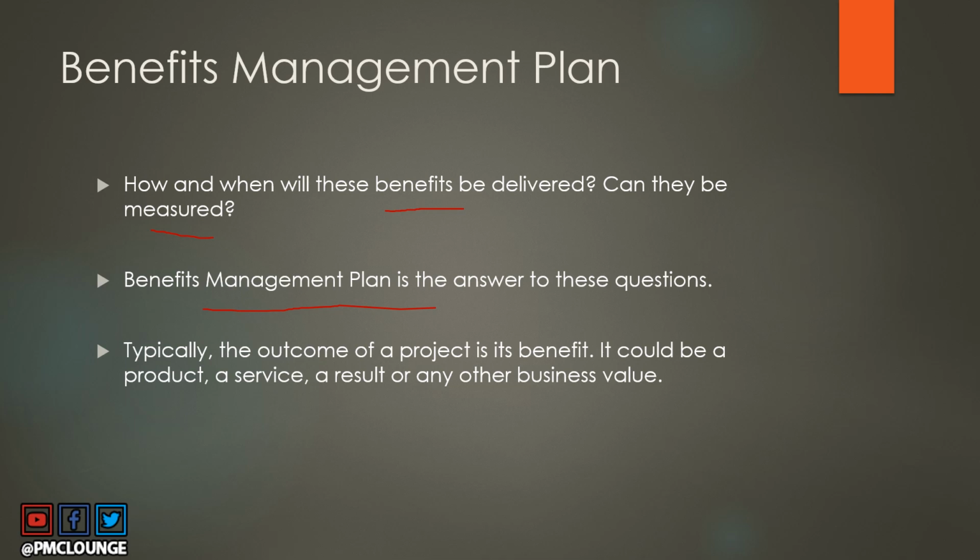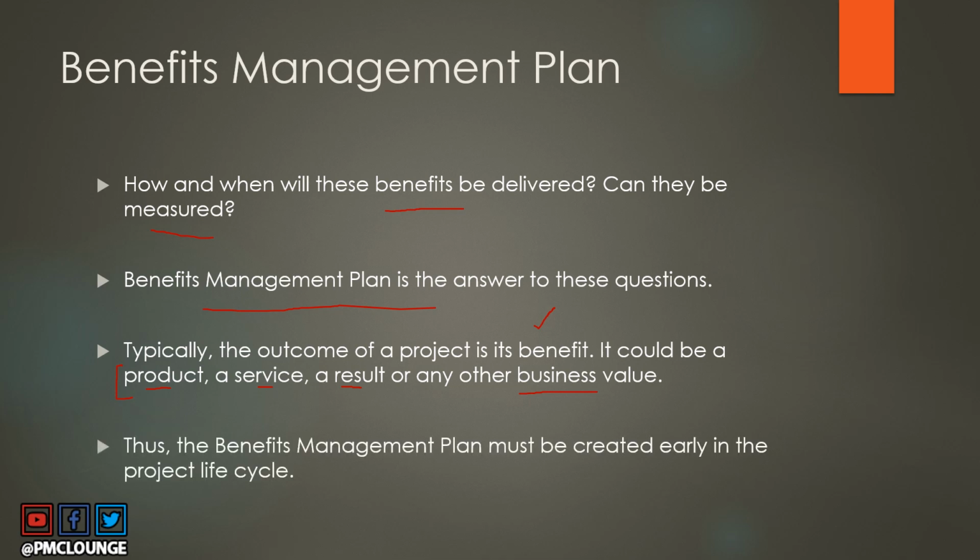Now, the outcome of a project is basically its benefit. The outcome of a project could be a product, a service, a result, or any other business value. And all these are basically the benefits that the project is providing once it is complete.